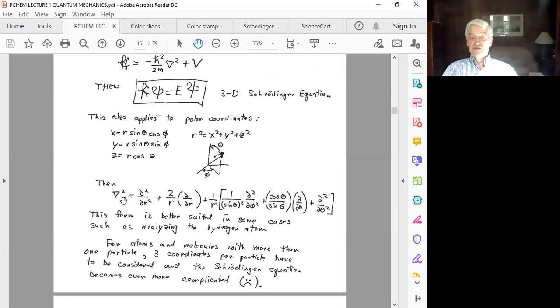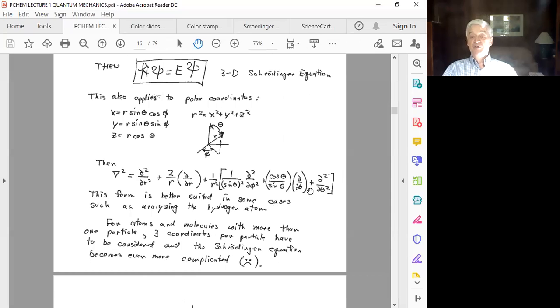So for now, I just want you to be aware that this exists, and maybe you even saw this when you went through your calculus courses, but you can see it gets to be much, much more complicated. You have first and second derivatives with respect to r, you have first and second derivatives with respect to theta, and then second derivatives with respect to phi here.